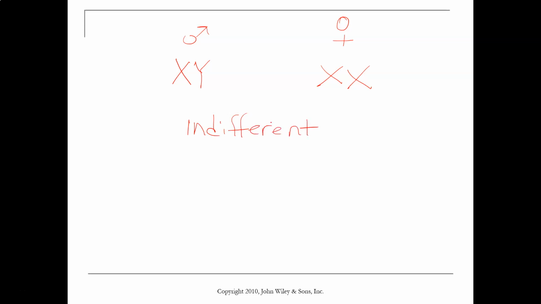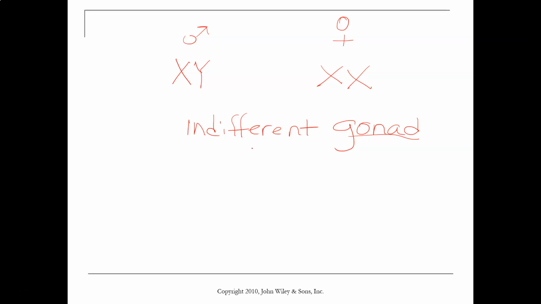Indifferent means it has not differentiated yet into male or female, into testes, or the analogous organ in females, the ovary. Those are the main organs that make the gametes and hormones. But at first it's called the indifferent gonad. Gonad is a term that applies to testes or ovaries. So it's undifferentiated at first. This same tissue is going to become either testes or ovaries.